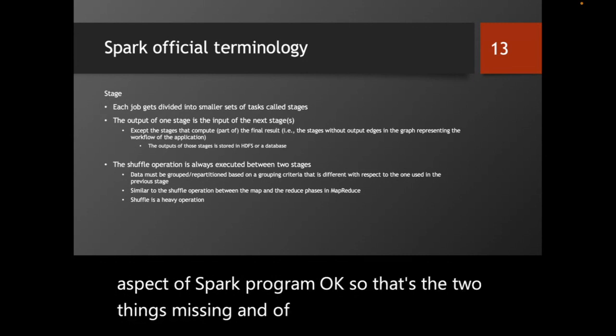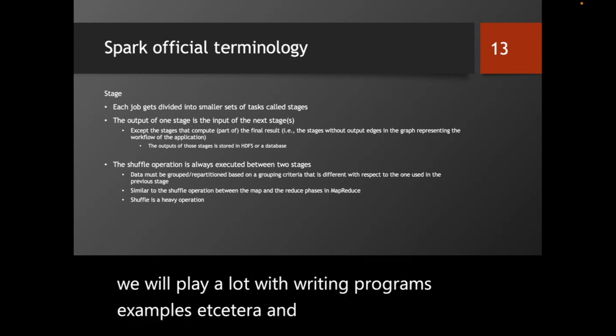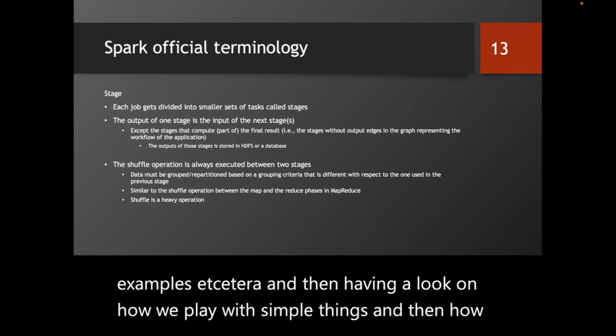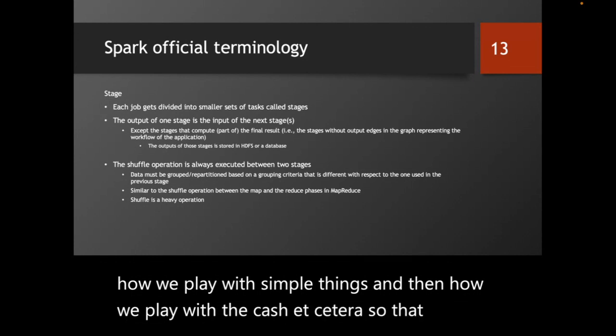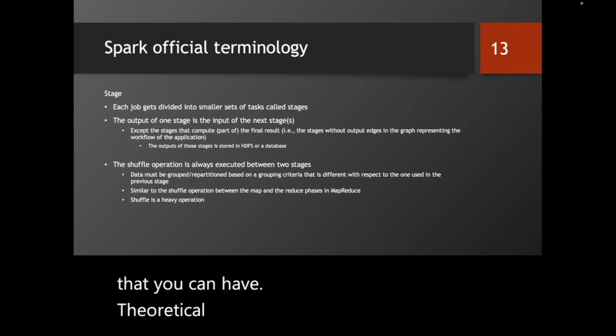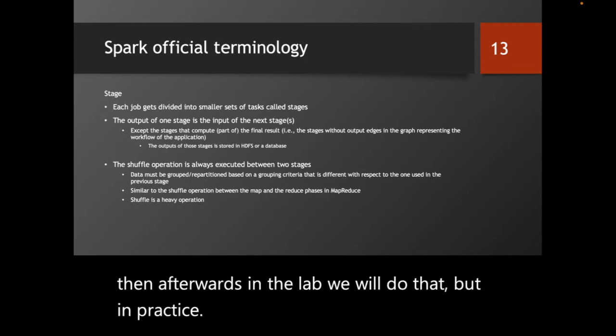Tomorrow we will play a lot with writing programs and examples, see how we play with simple things, and then how we play with the cache, so that you have a theoretical basis of Spark programming, and afterwards in the lab we will do it in practice.